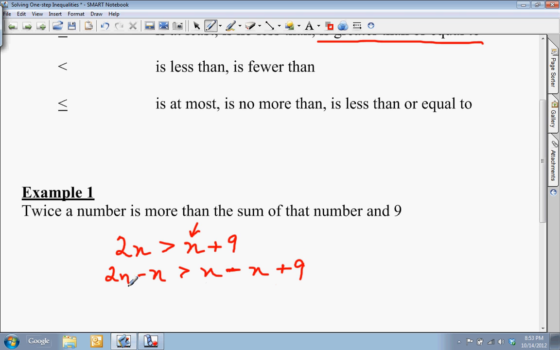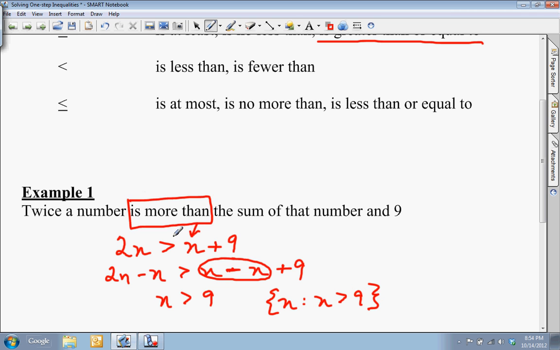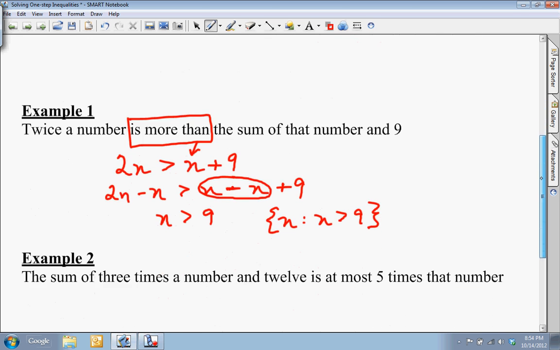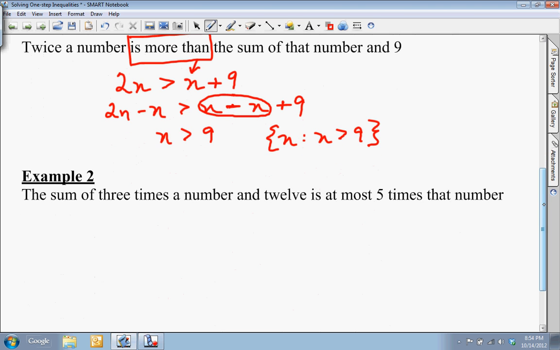N minus n we know is 0, so these will cancel. 2n minus n is n, so we would say that n must be greater than 9. So all numbers for n for which n is greater than 9. So we took this is more than and we replaced it with our is greater than symbol. I'll give you another example.